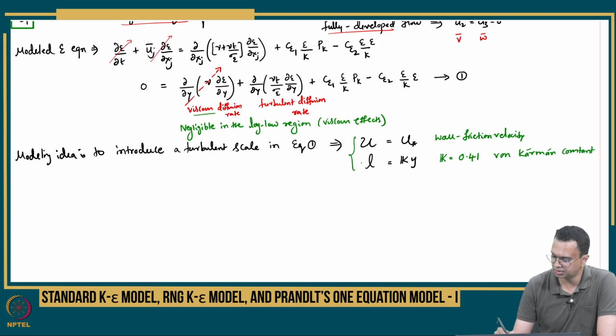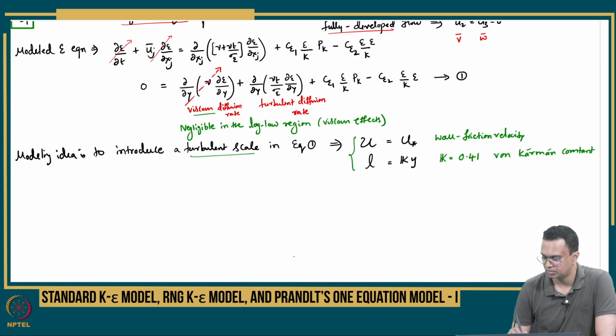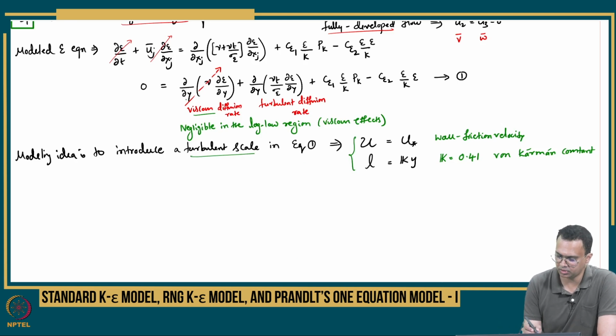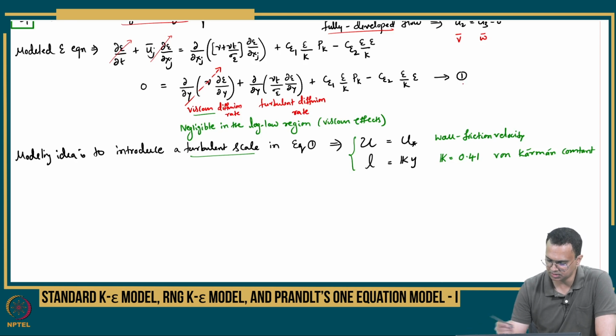So I am essentially introducing turbulent scales here, u star and kappa y, and I am going to introduce them for the terms in equation 1, which are epsilon, nu t, k and pk. These are the 4 terms that are there, and I need to introduce these scales inside these 4 terms.